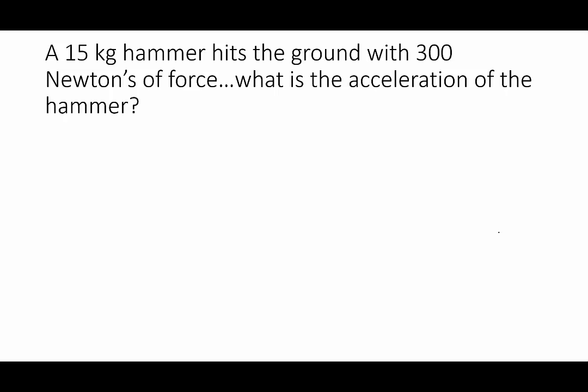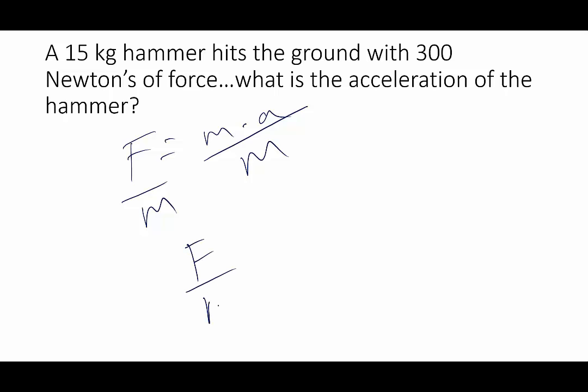A 15 kilogram hammer hits the ground with 300 newtons of force. What's the acceleration of the hammer? So force equals mass times acceleration. We're looking for acceleration. Let's get acceleration on one side, divide each side by mass. So force over mass equals acceleration. 300 is our force.